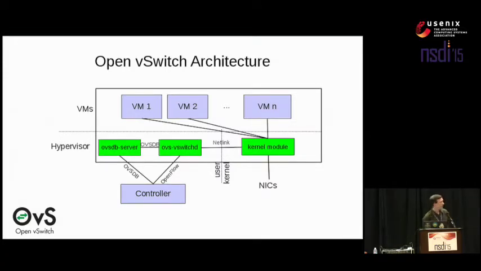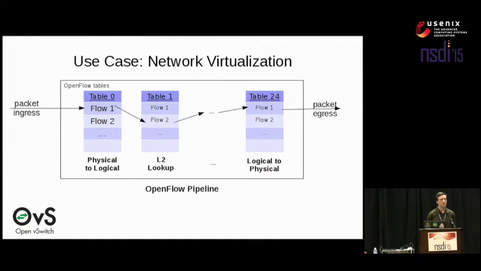The use case that I'm particularly interested in today is network virtualization. Let me say a little bit about what I mean by that. Virtualization is probably familiar to a lot of the people in the room. Virtual machines provide a software version of a physical machine, but until recently, those virtual machines tended to be connected directly to physical networks, and that means that you have all of the restrictions of the physical network.